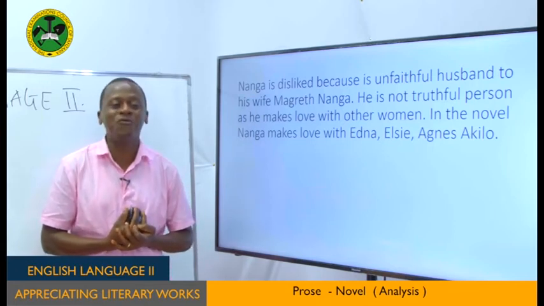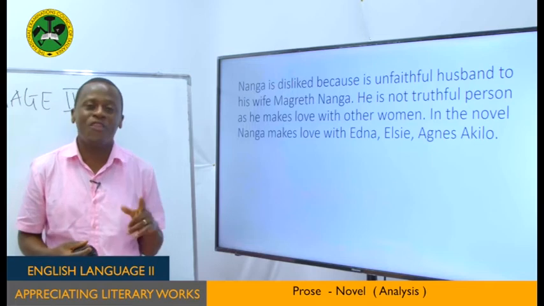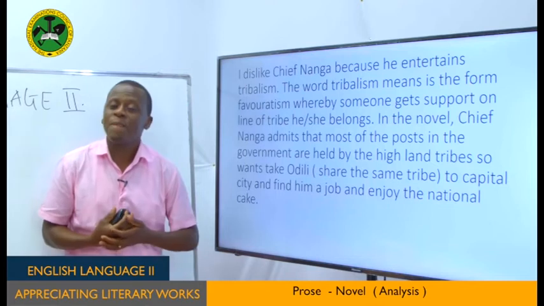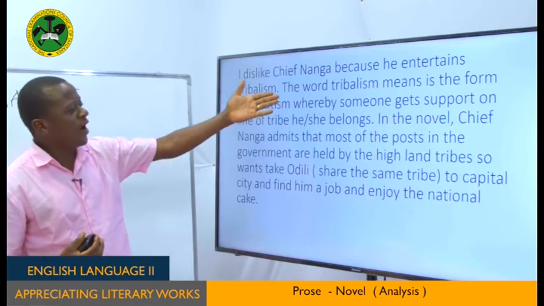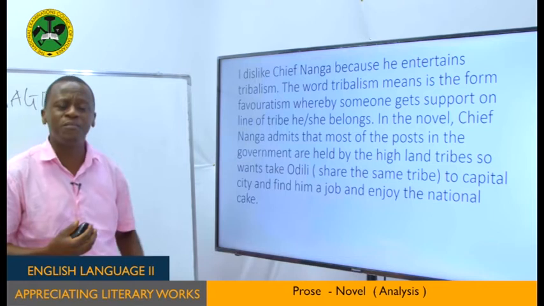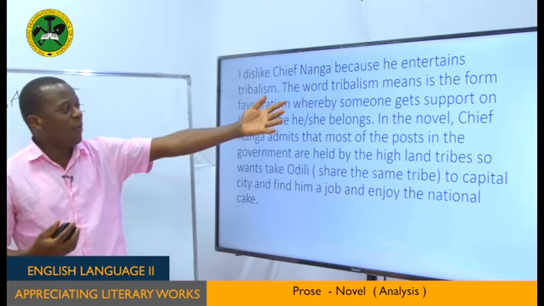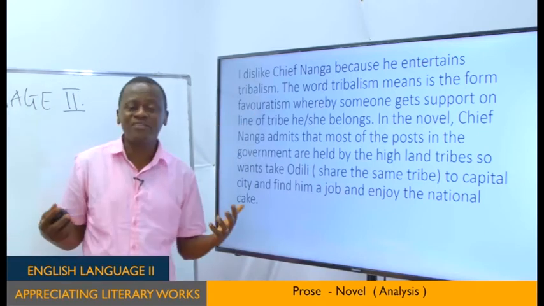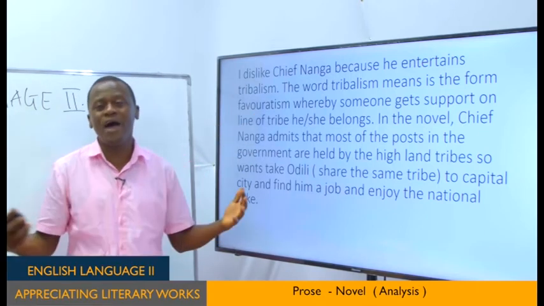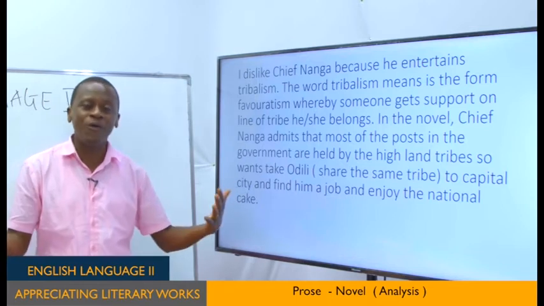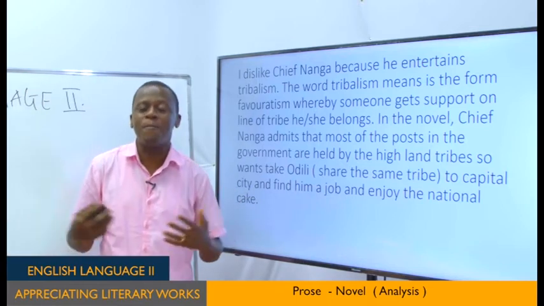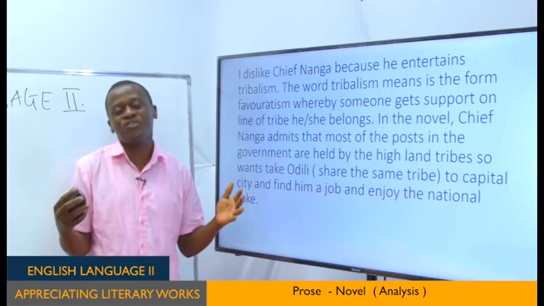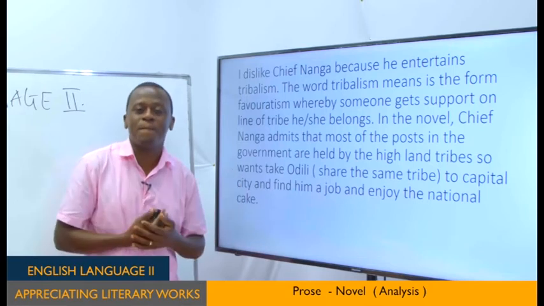Dear students, let us move to another point that tells us why we dislike such a person. Here we come. I dislike Chifranga because he entertains tribalism. The word tribalism means a form of favoritism where someone gets support or help along the line of tribe, on the ground that a person shares the same tribe, that you're supporting somebody just because you share the same tribe.